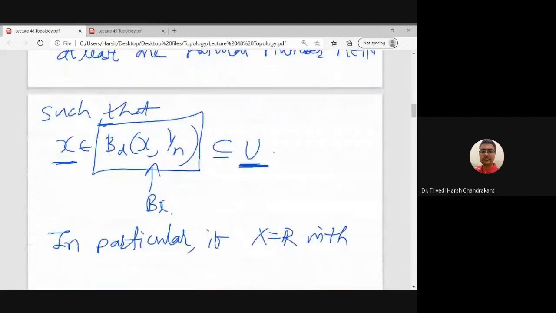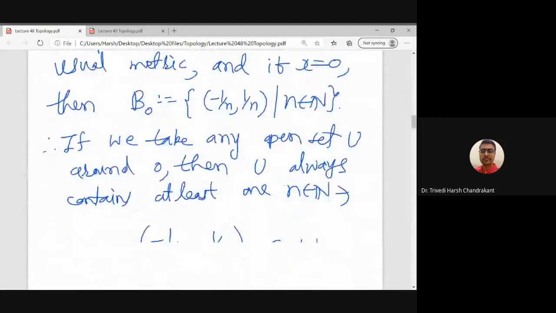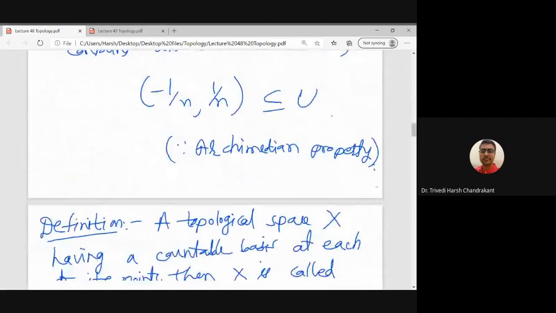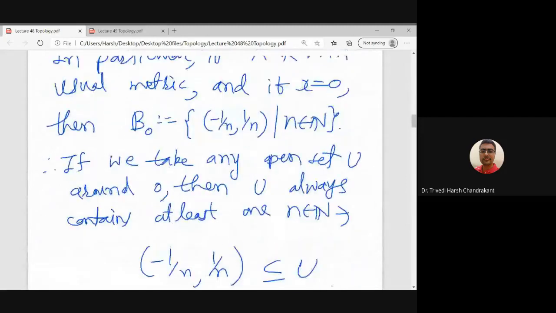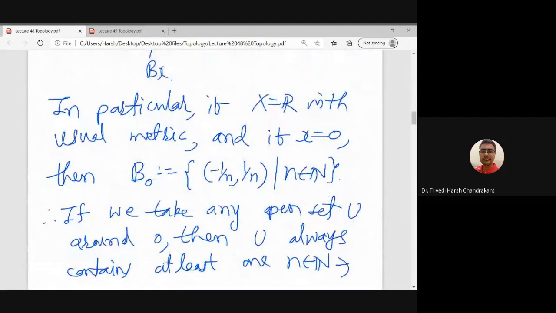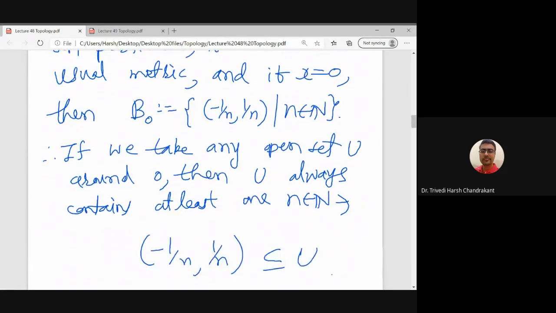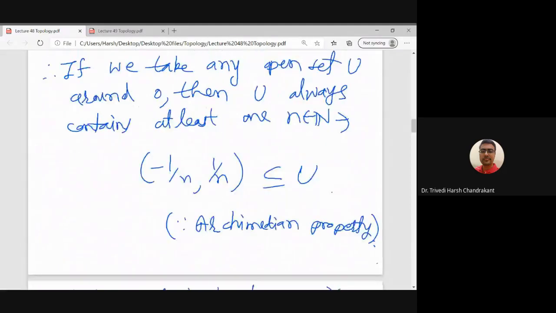Therefore every metric space is a first countable space. In particular, the set of real numbers with the usual metric, the standard Euclidean metric, is also a metric space, and we verified at x equal to 0, but this holds for every x.